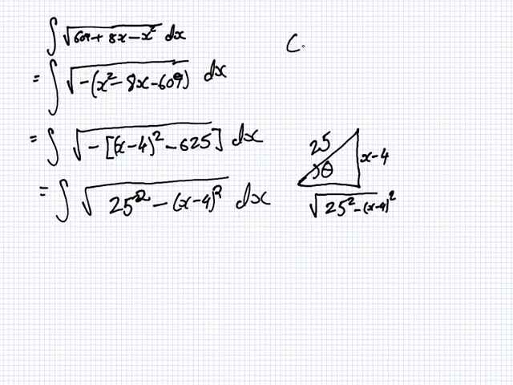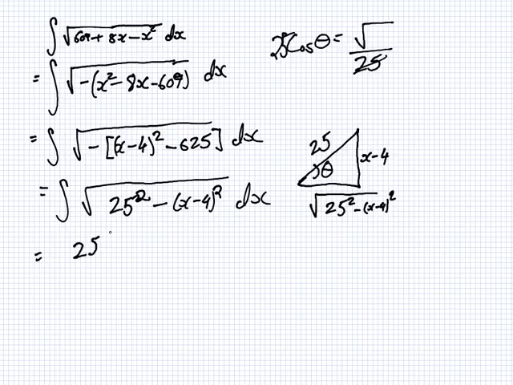So what does cos theta equal? That square root piece over 25. So that square root piece is equal to 25 cos theta. So I can change this nicely into 25 integral cos theta dx. So you think, oh, that's great, but the problem here is what? The dx. We need it to be d theta.